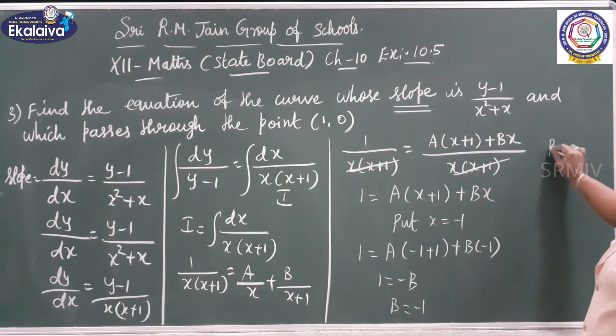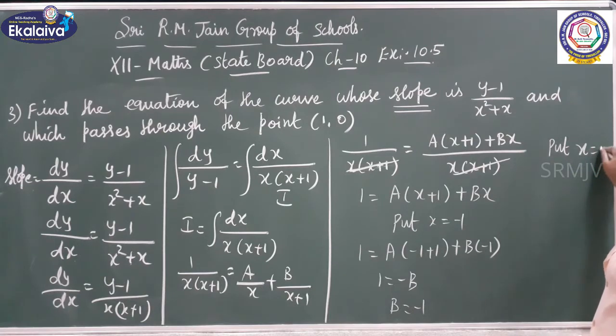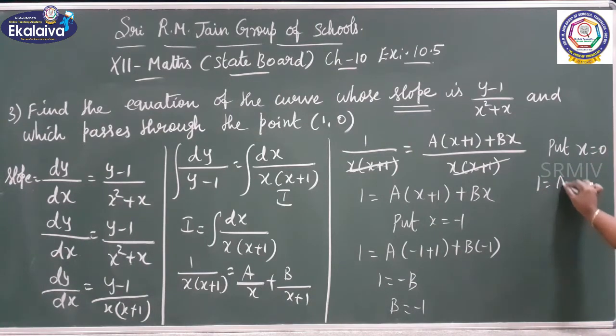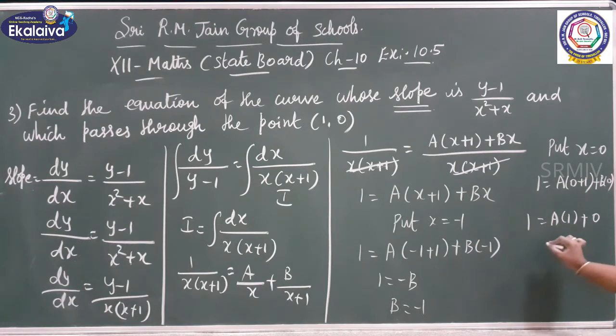Now put x equal to 0. 1 equals a into (0 plus 1) plus b into 0, so 1 equals a into 1. What is the value of a? a equals 1. With a equal to 1 and b equal to minus 1, substitute in this equation.